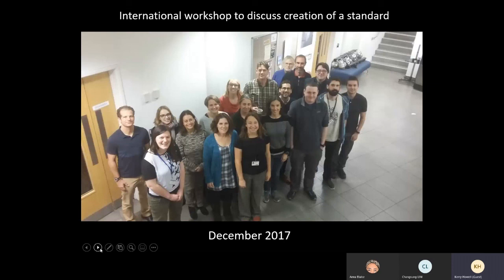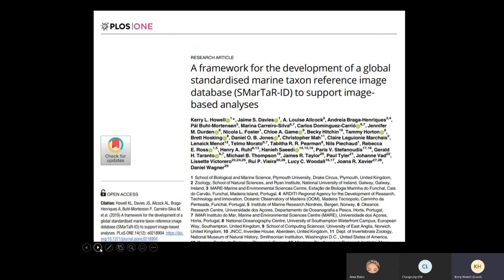And a group of us have long recognized this problem, but back in December 2017, we managed to get a group of us together to have a workshop to discuss the creation of an international standard for image reference library. And we published that work in 2019.